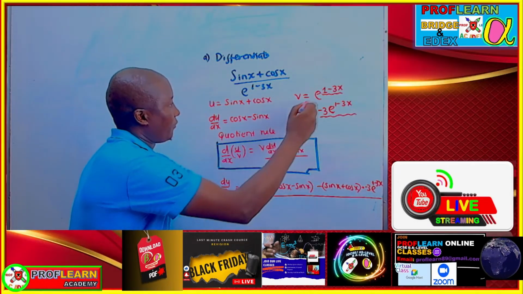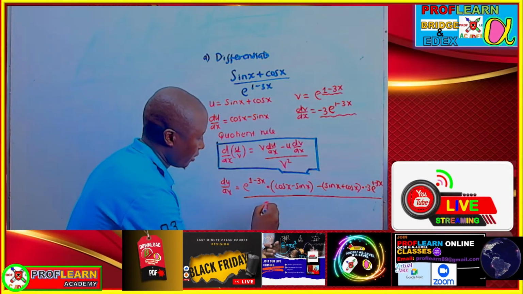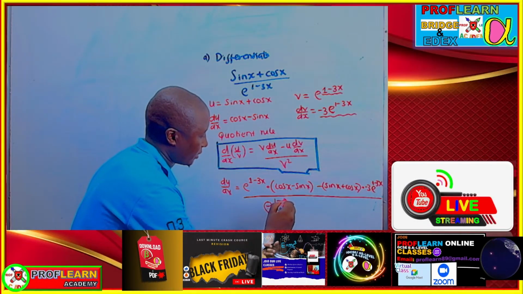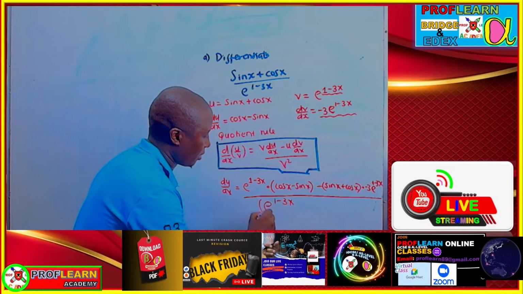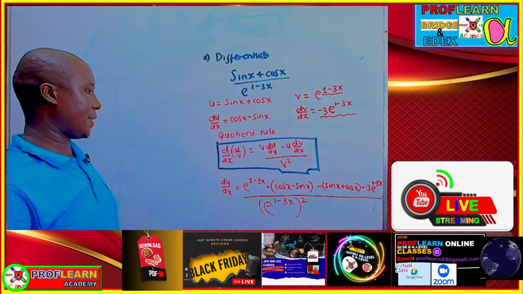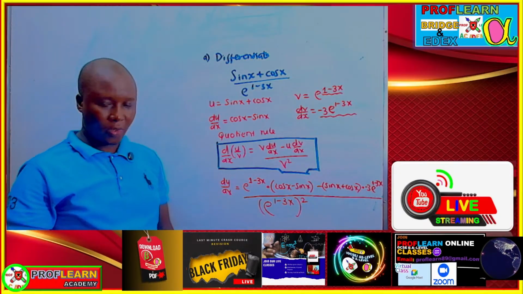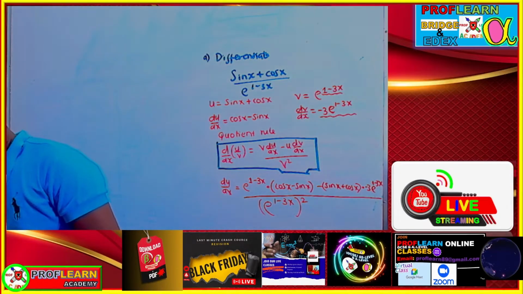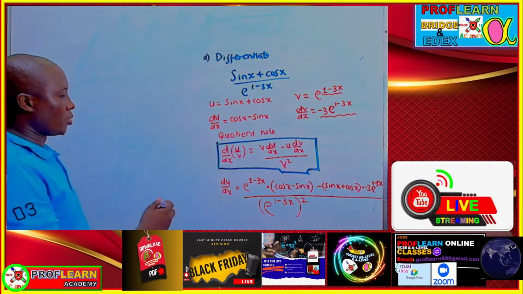v squared, but v was that, so it's going to be e to the 1 minus 3x raised to power 2. Of course, you can decide to have your expression that way, but we can still do it much better.